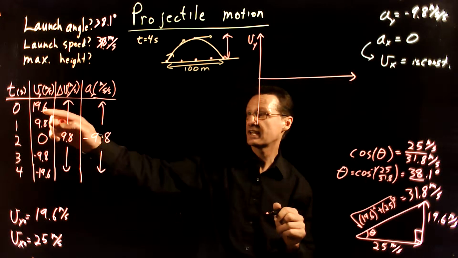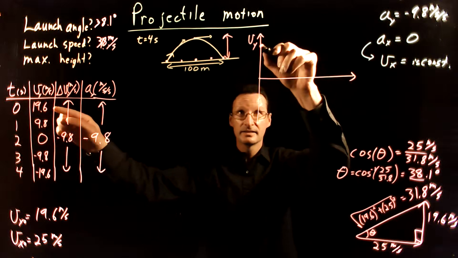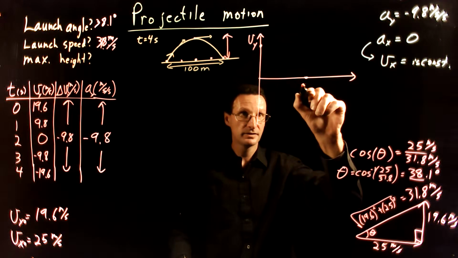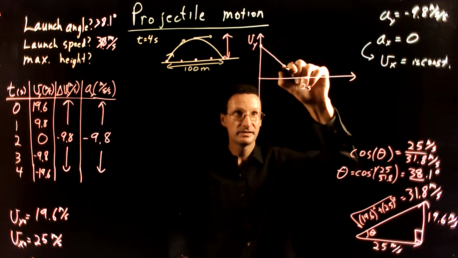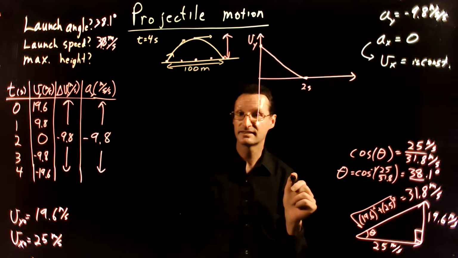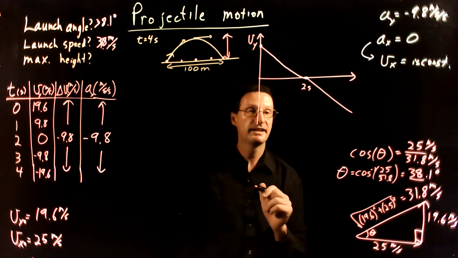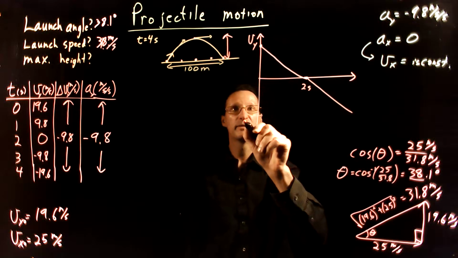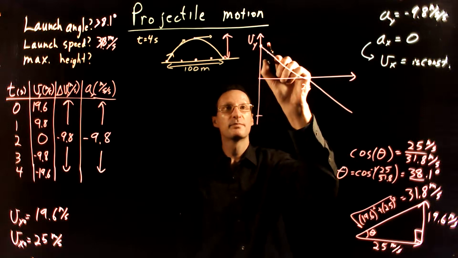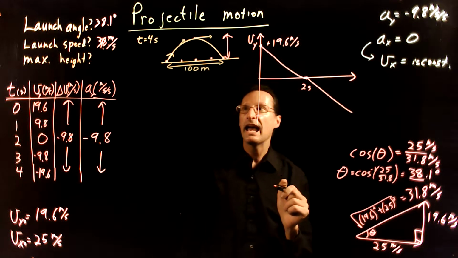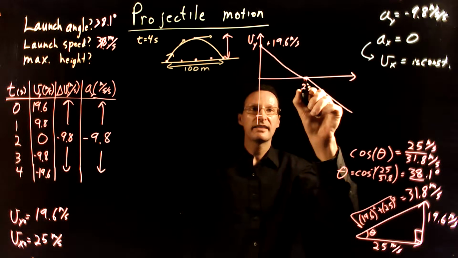I know it starts at positive 19.6 and it decreases to 0 after 2 seconds, and it does so at a constant rate. So the slope of this is negative 9.8, and then it continues down to negative. So it starts here at positive 19.6 meters per second, and it reaches this maximum height at 2 seconds.